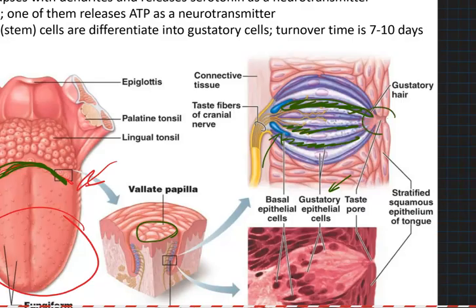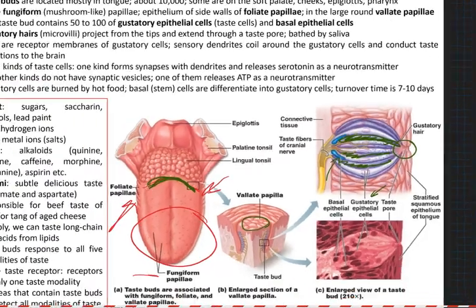Now this is the pore, and what liquid is in your mouth? Why do you need saliva, in terms of taste? It dissolves the chemicals. If you can dissolve the chemical, you can taste it.